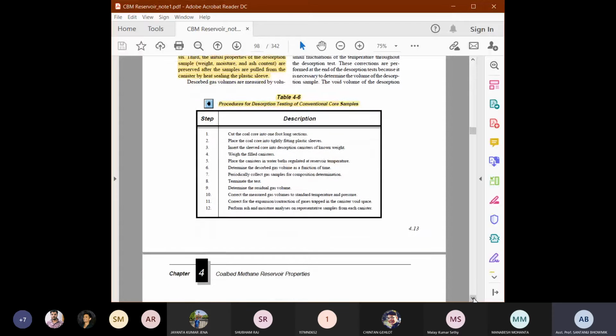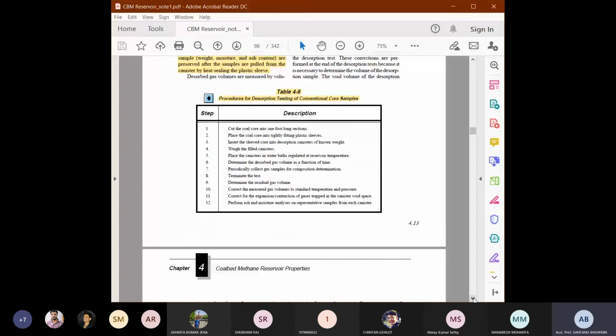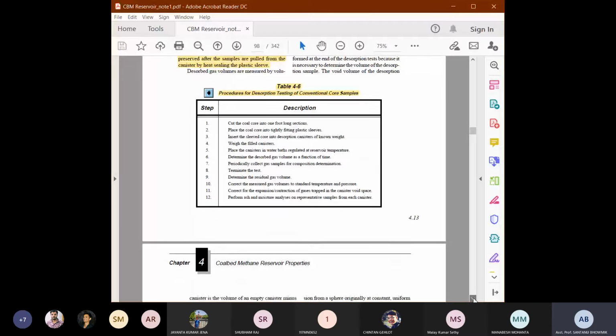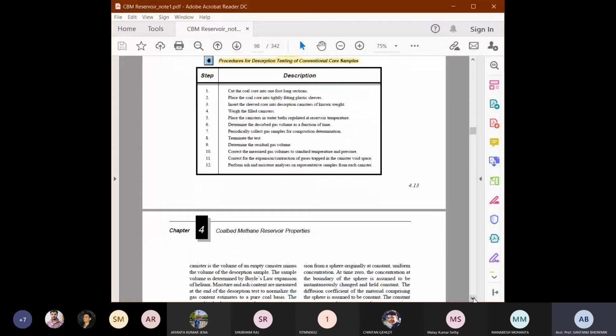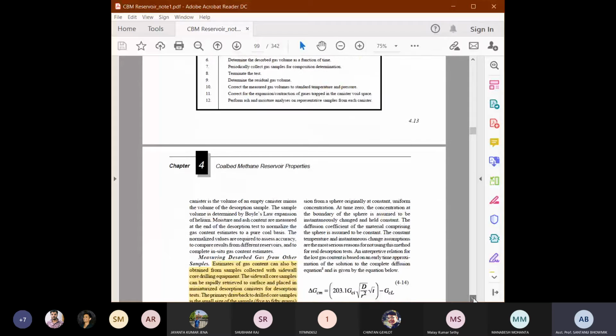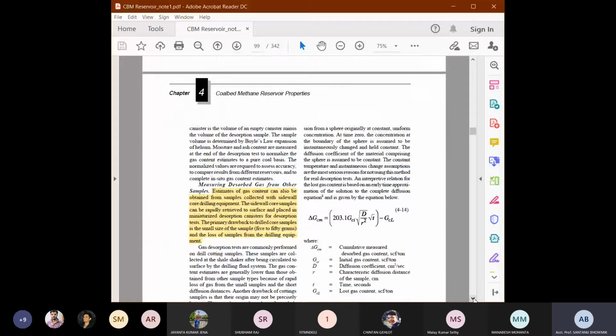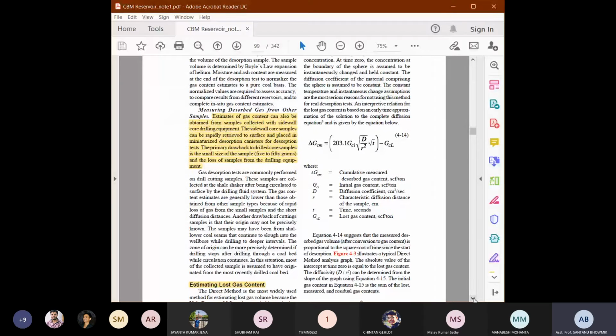The most critical aspect among these three components, the dissolved gas, the lost gas, and the residual gas content, is obviously the lost gas. Because whenever you calculate the dissolved gas content, you have some idea. You have established the Langmuir isotherm, and you have seen what amount of gas comes out with pressure.